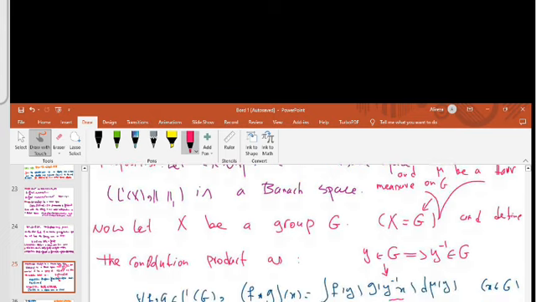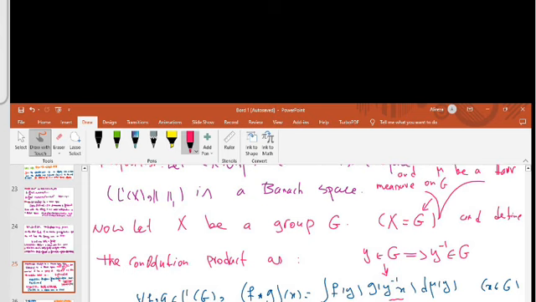Okay? Mu of y inverse A, for example, equal to mu of A, or equivalently the integral of h y x d mu x equal to the integral of h of x d mu x.